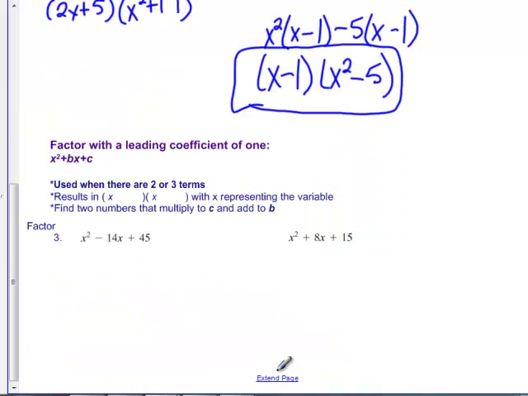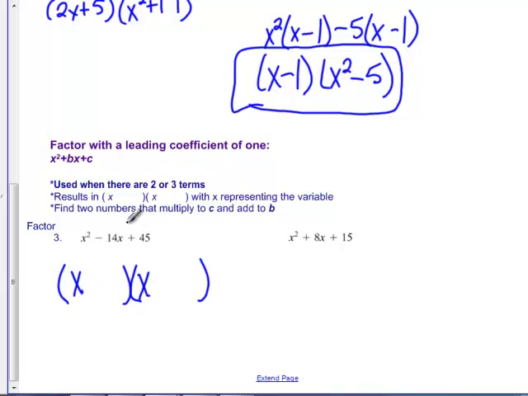Okay, so factoring whenever your leading coefficient is 1, meaning you have an x squared plus bx plus c. Here, let's do number 3. X squared minus 14x plus 45. Evidently mode 5-3 on your Casios will help you get this. What it's doing is actually giving you the solutions if this was set to 0.